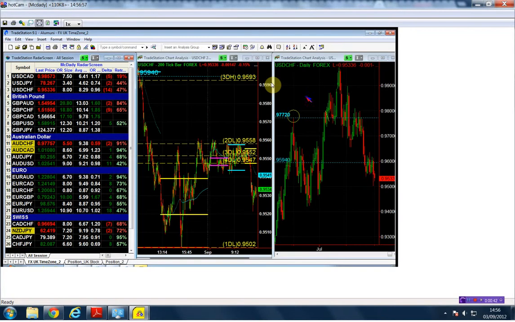So for the dollar Swiss, our short entry was below the 95.94. We are now trading at 95.33.